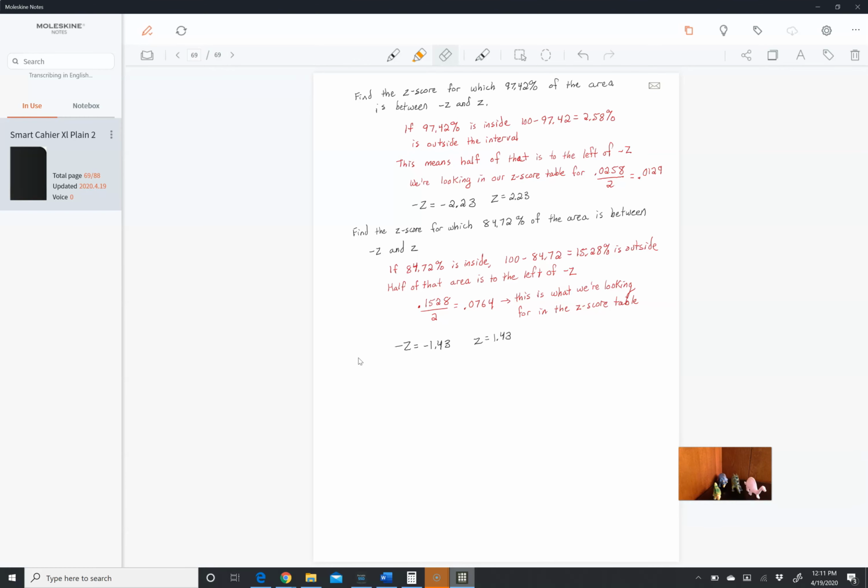So let's find a z-score. I'm going to just put a little dashed line here because it's a little bit different. It's more the phrasing than the actual process. So let's find a z-score that corresponds to a percent.